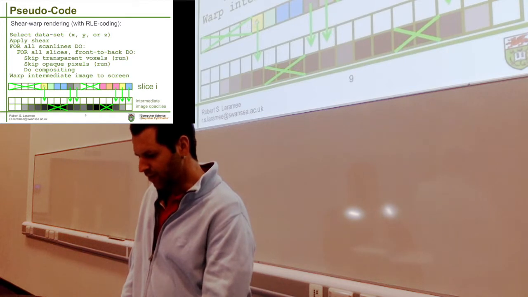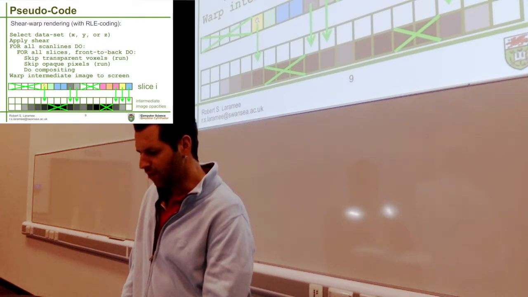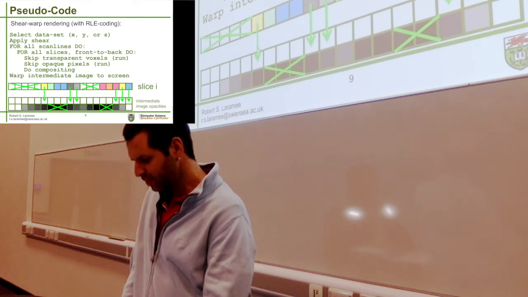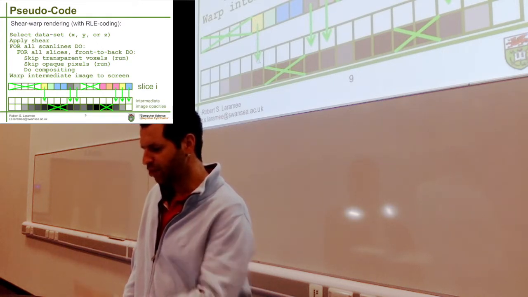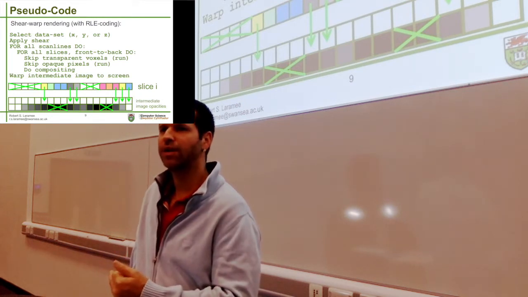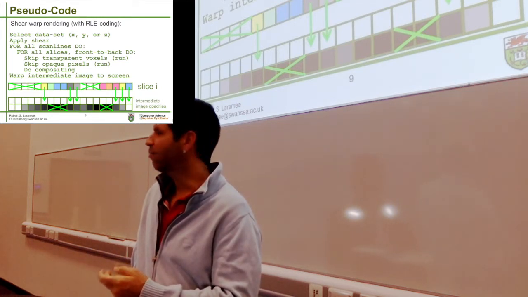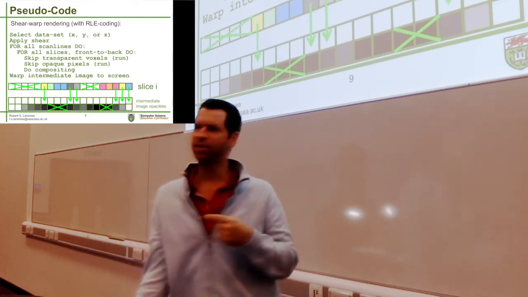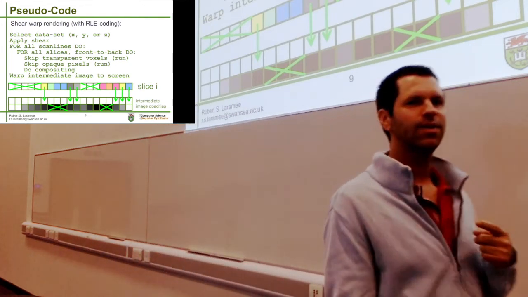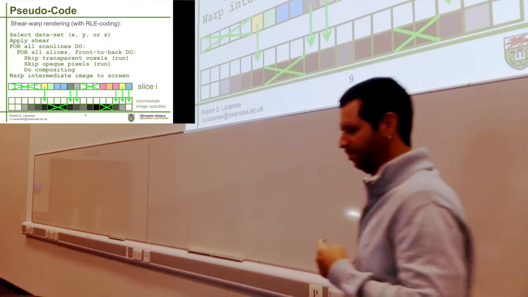Here we have a non-transparent, opaque voxel, and it gets composited. In other words, its color and opacity are projected onto the image plane. When you add the color and the transparency to the pixel, that's called compositing.